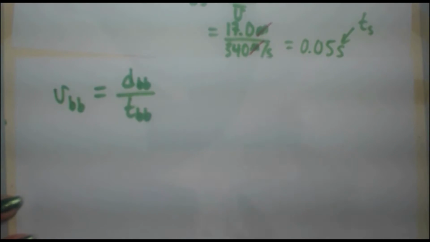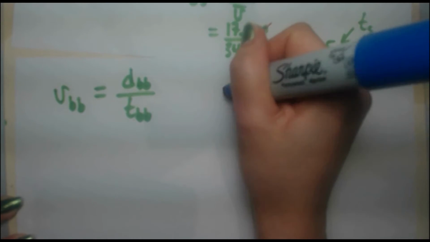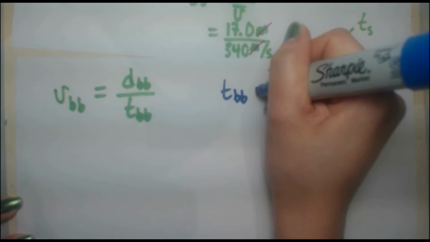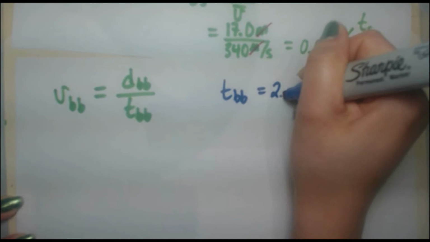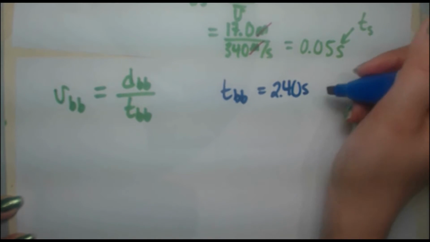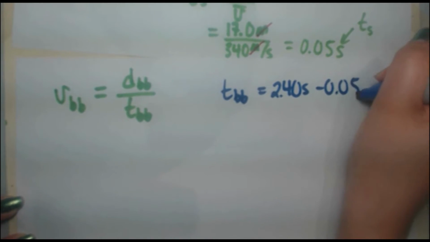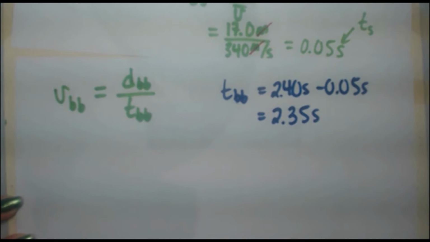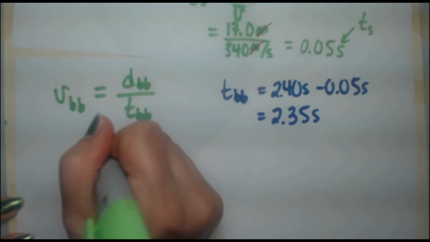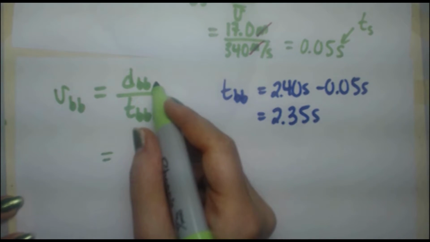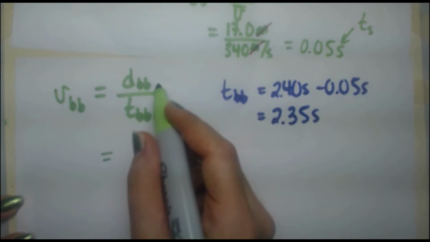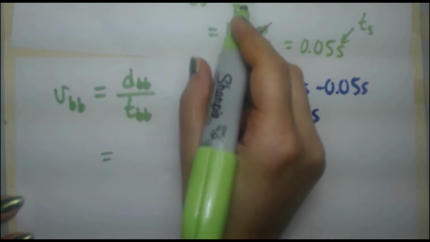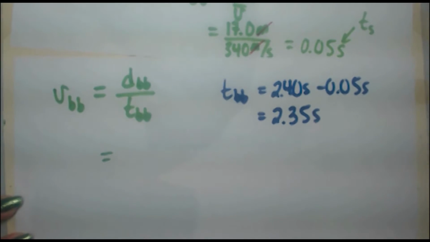So, I'll do that calculation on the side here. Time for the bowling ball is going to be equal to 2.40 seconds minus 0.05 seconds, which is 2.35 seconds. Now our D in this case, the distance the bowling ball travels to reach the pins, is the same distance that we had before that the sound needs to travel.